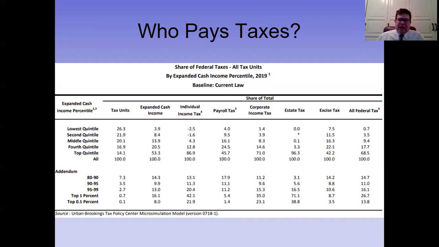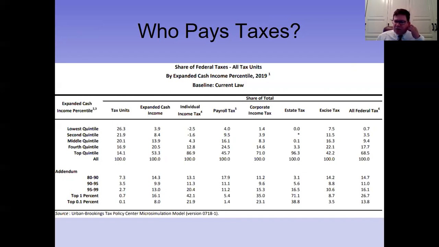You do see that the lower rungs of income earners are paying more as a percentage of the payroll tax than the rest of the country. The top 20% is not contributing as much as they do when it comes to overall taxes or income taxes, and the top 1% only contributes about 5.4% of all the payroll taxes.